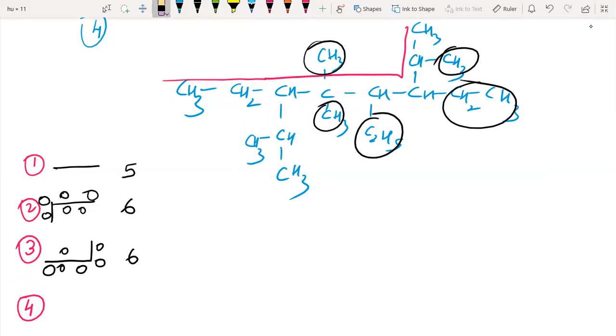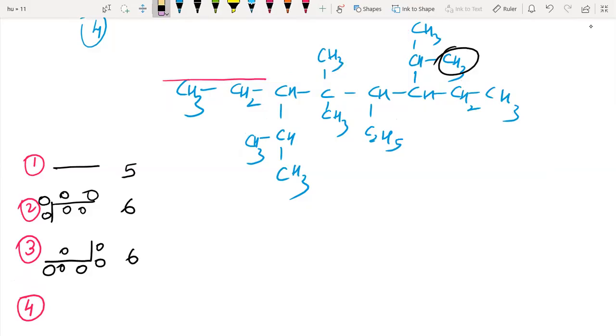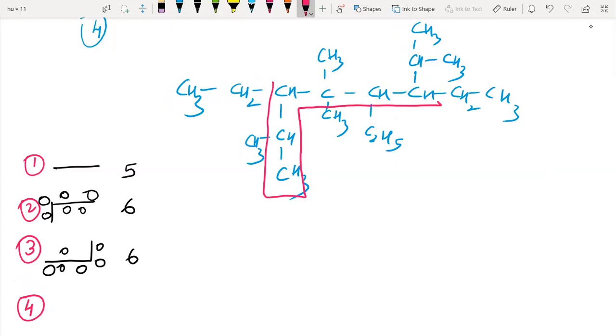That is the last possibility here. Okay. Now in this longest carbon chain, see this selection. This time it is this way here.